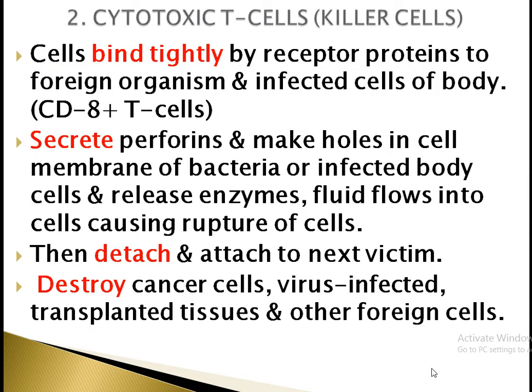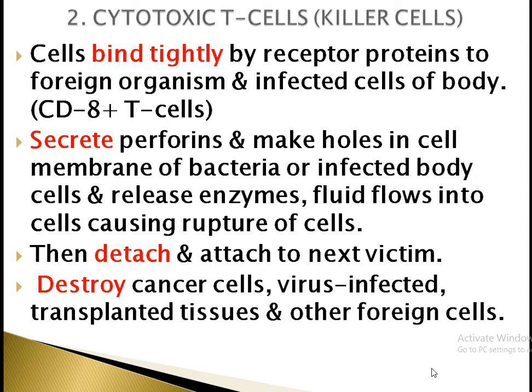Coming to the next type, the cytotoxic T cells, or the killer cells. As its name shows, cytotoxic, it is very toxic to the cell, so it is called a killer cell. These cells bind tightly by receptor proteins to the foreign organism and infected cells of the body.